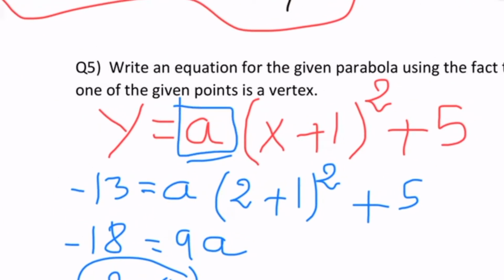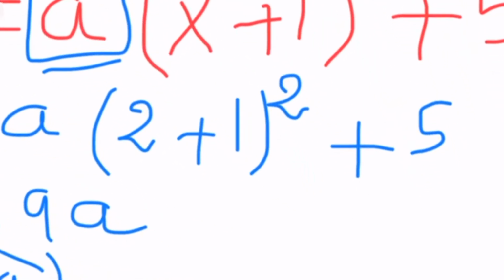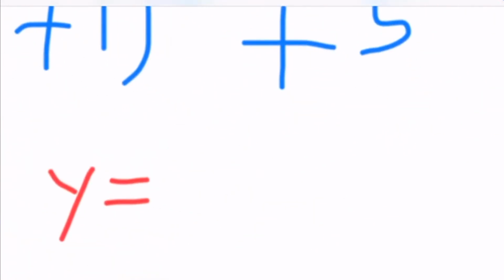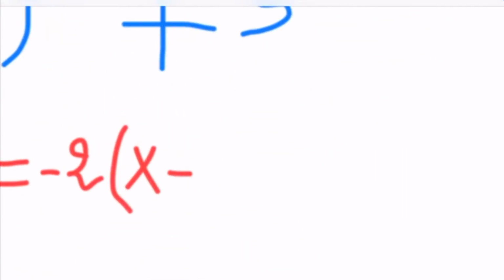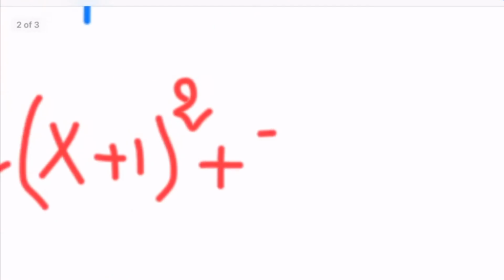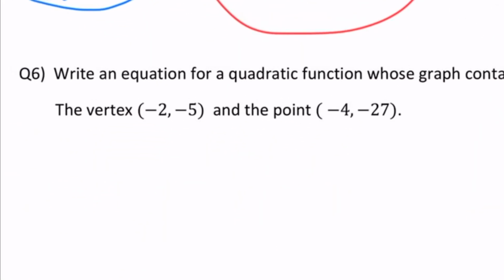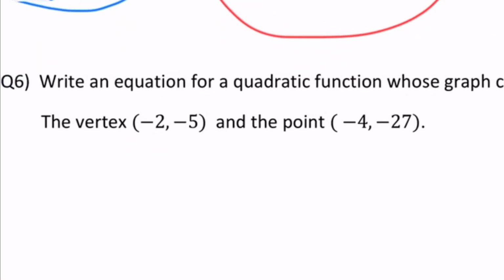Plug it here to get the equation. This one is similar. We need the equation given the vertex and a point. Well, it's not graphically, it's algebraically given.